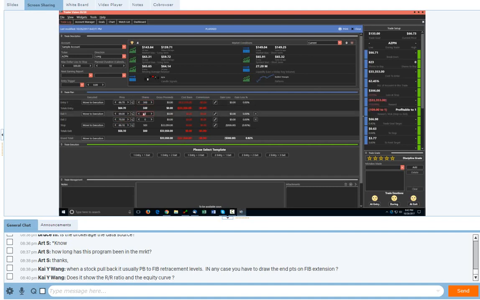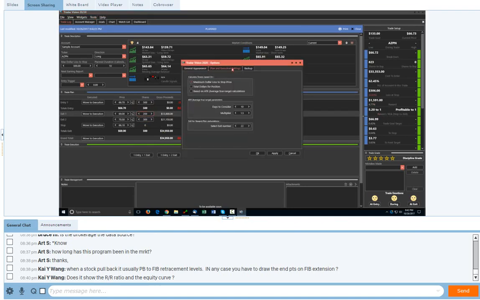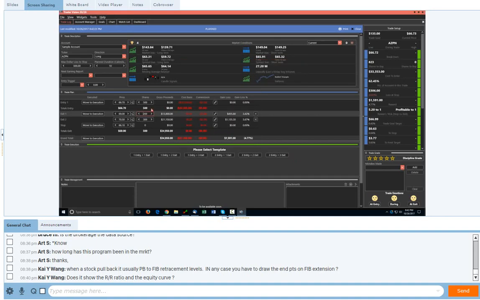And I sell 200 at the first target. And let's say I'm going to sell 300 at the second target. Because of the way I've got this set up, I want to look at the risk reward to every exit that I've got.